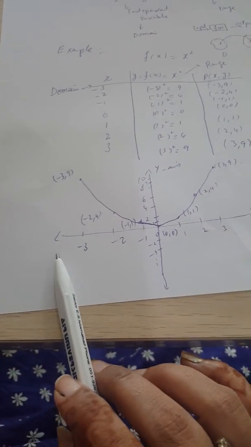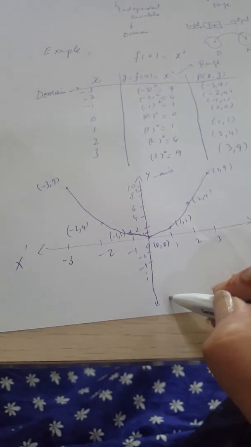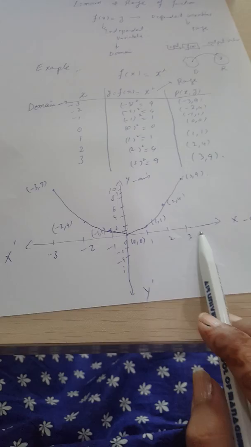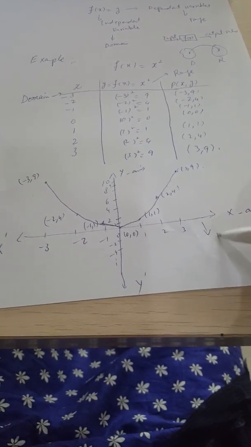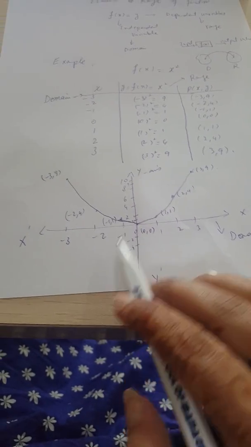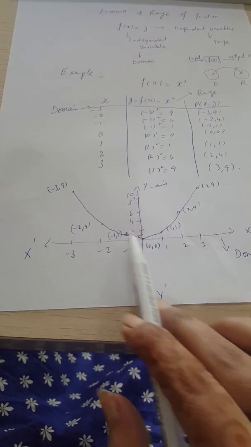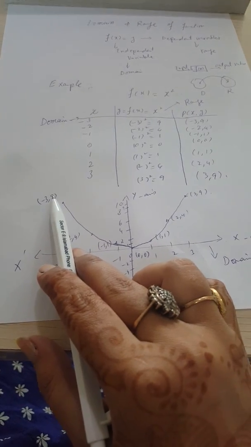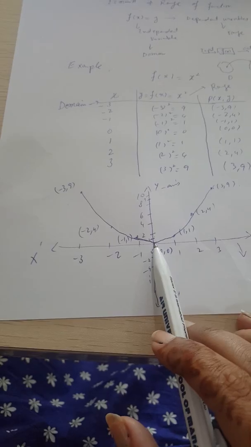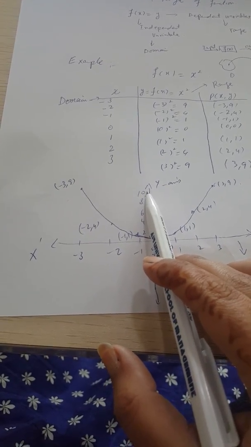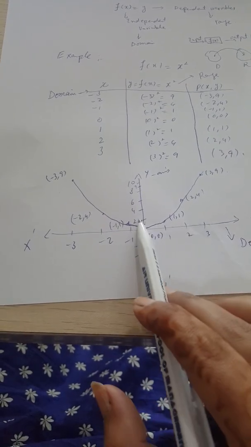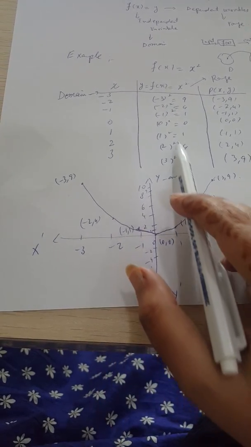Here the domain is on the x-axis and the range on the y-axis. My domain is -3 to +3 on the x-axis of my function, and the range of my function is on the y-axis, from 0 to 9, where 9 is the highest value.